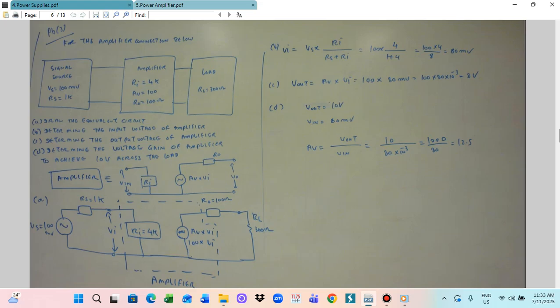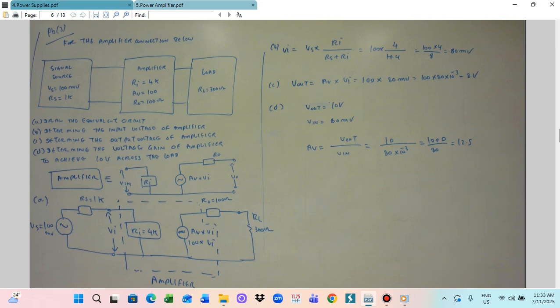So we already got the input voltage for the amplifier. This is the answer for A, and this is the answer for B. And the answer for C: determine the output voltage of the amplifier. Output voltage is AV multiplied by VI. AV we already calculated as 100, VI is 80 millivolt, so 80 into 10 power minus 3.